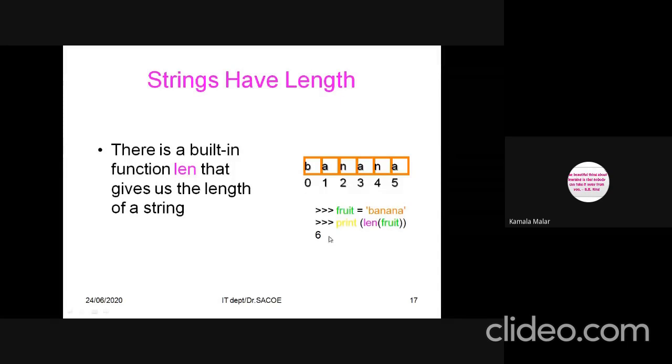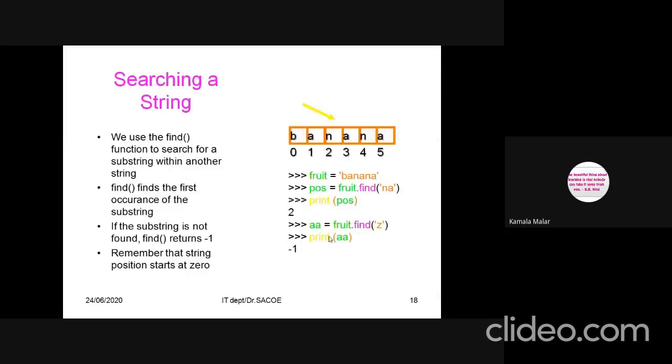Next, if you want to search a string, this is similar to what we already saw. If you want to find a substring also, it is possible. Not only a single character, it will return the position of the substring also.